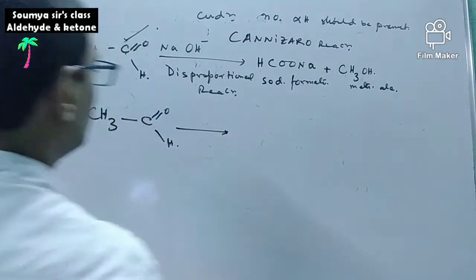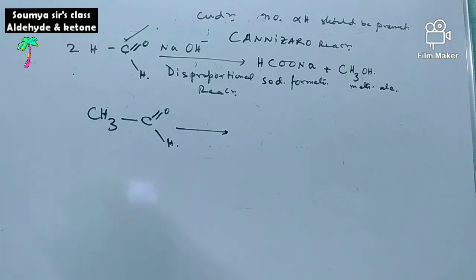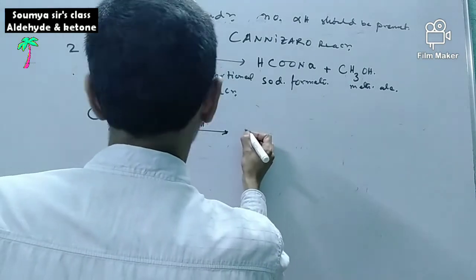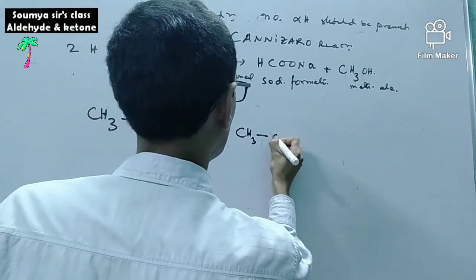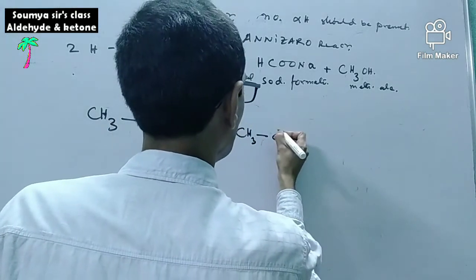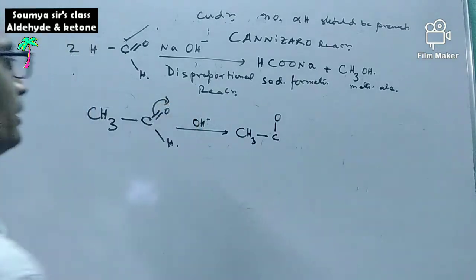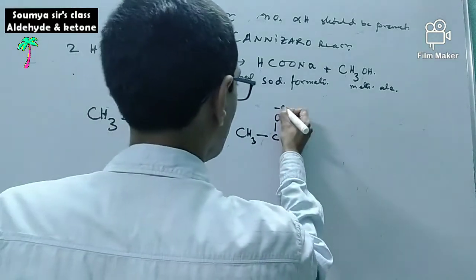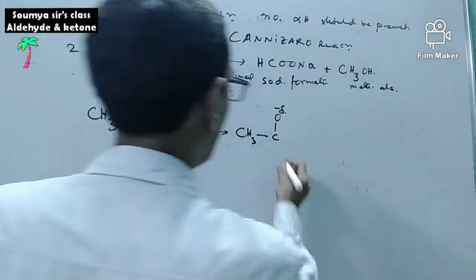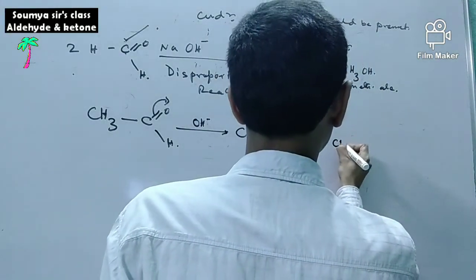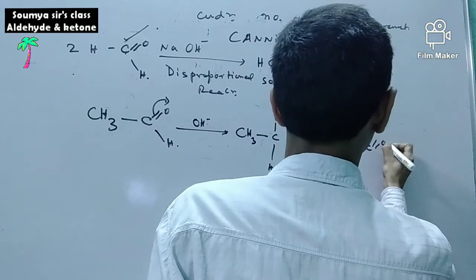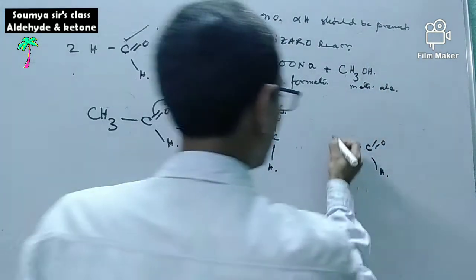At first, two molecules of acetaldehyde are there in presence of OH minus medium. Here one part is CH3CH2CO, where the oxygen takes the electrons of the double bond and becomes negatively charged, and here is another part, CH2CHO negative tail.